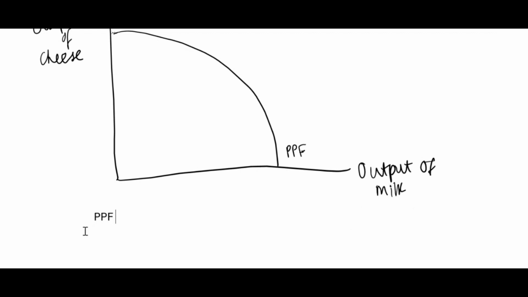So PPF curves show opportunity cost. They show this by showing the trade-off between two different resources.